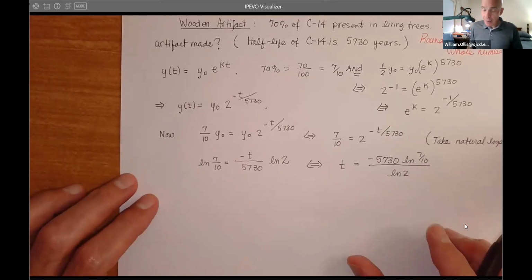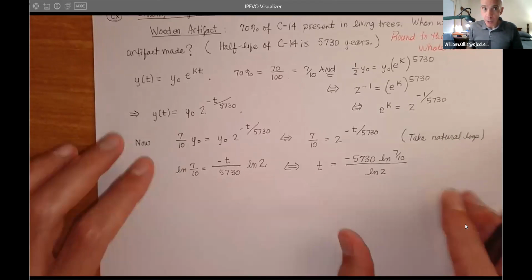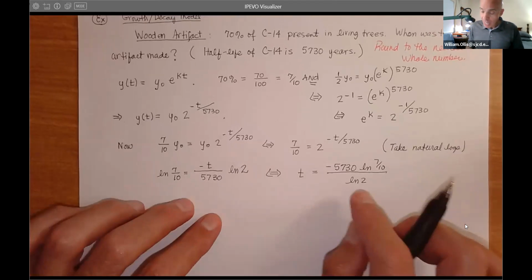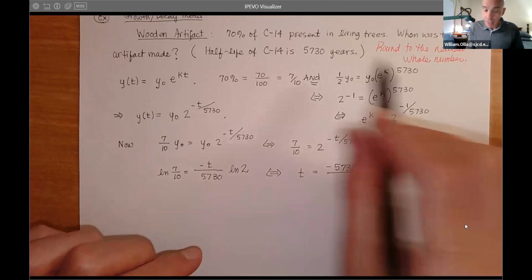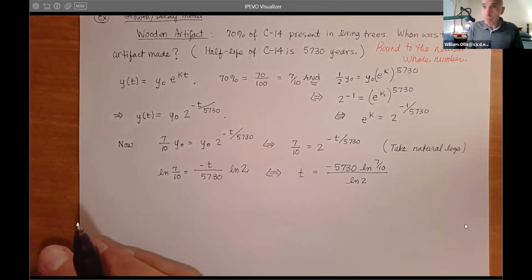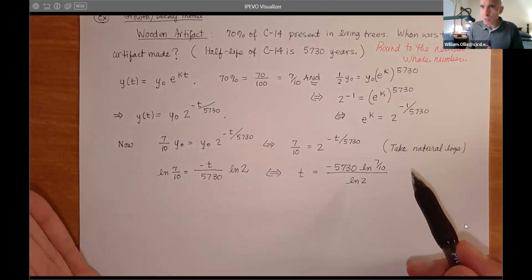So again, just like before, we have a situation where we have an exact time, which gives us the age of the artifact. That is, when was it made? How many years ago? And so this is like a birthday, so to speak.